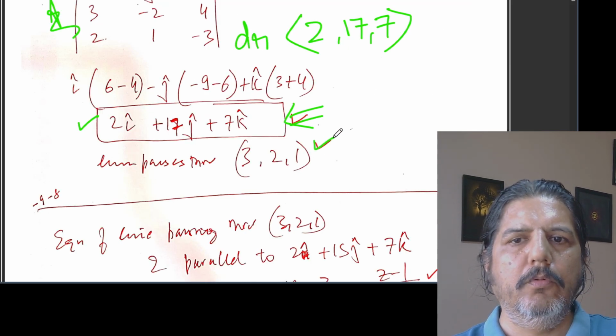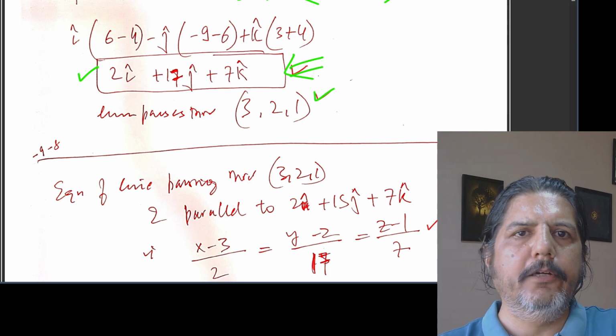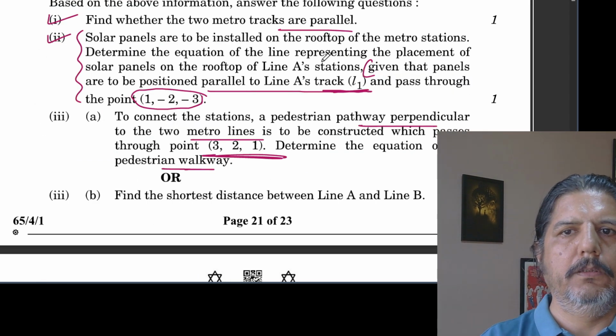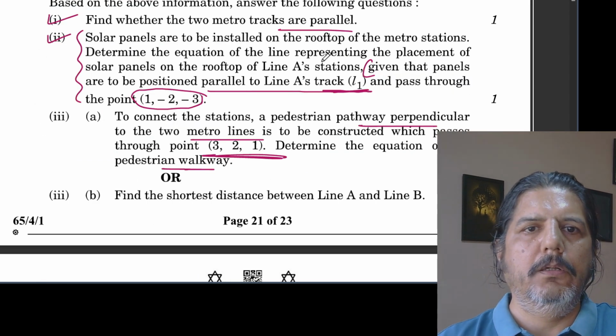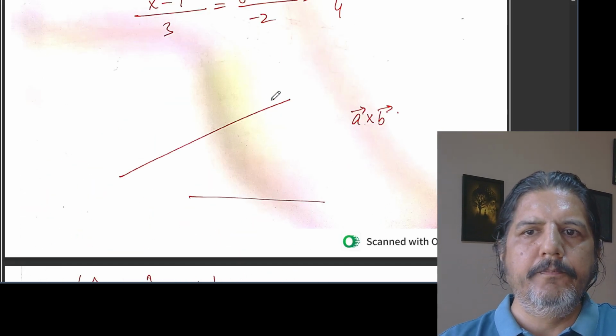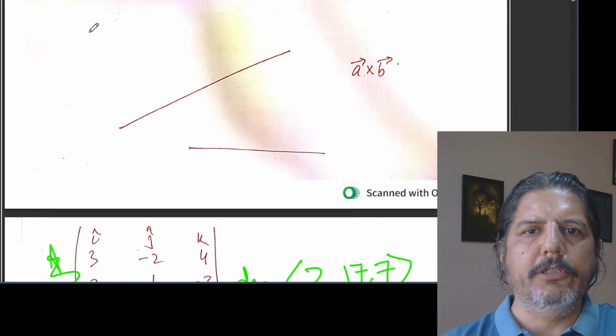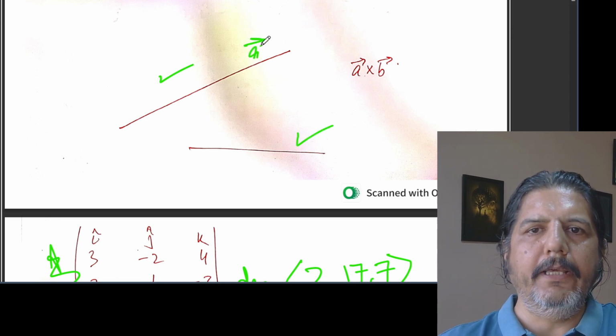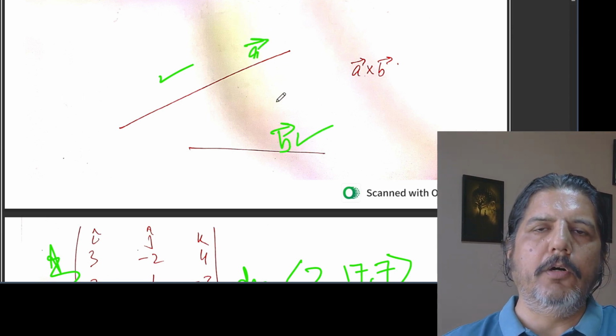So what did I do? I'll review the facts again. These were the two metro lines that I had. Let me call this A, and let me call this B. I found a pedestrian pathway which is perpendicular to both of these.